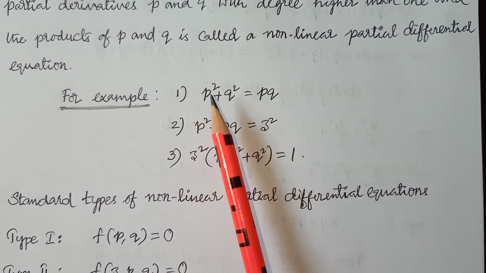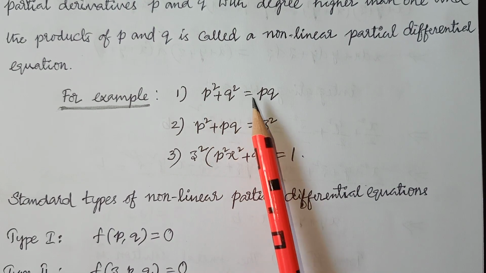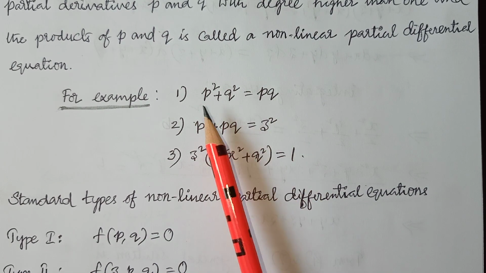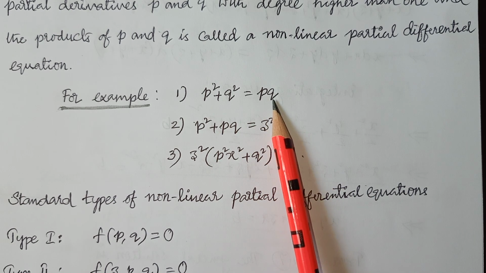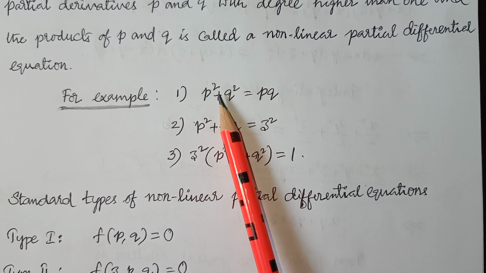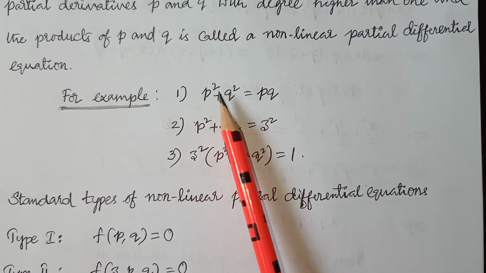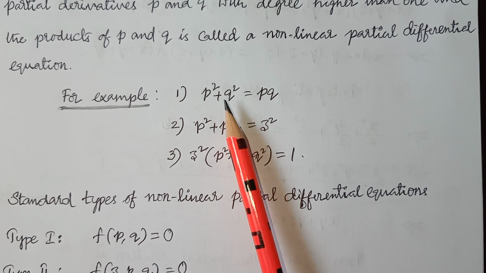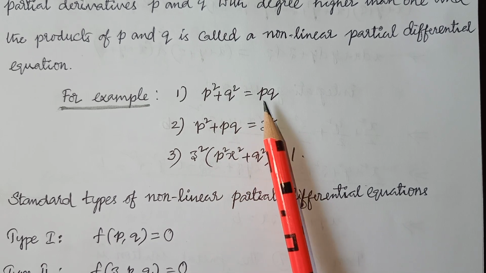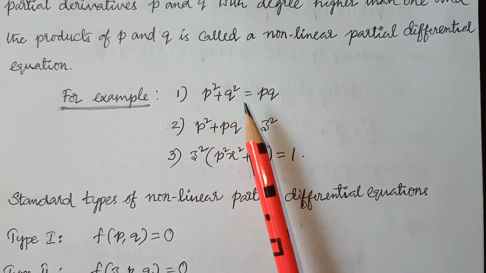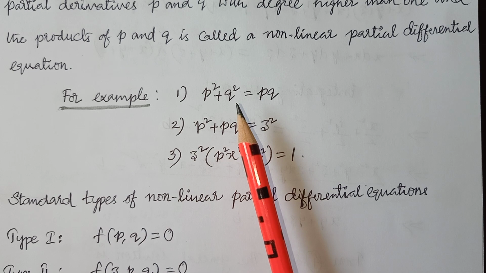For example, p square plus q square is equal to pq, where the degree of p and q is not 1. If we have an equation like p plus q is equal to pq, that is also non-linear, because we have the product of pq.